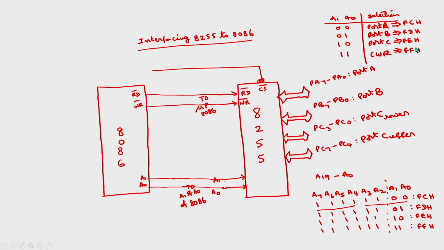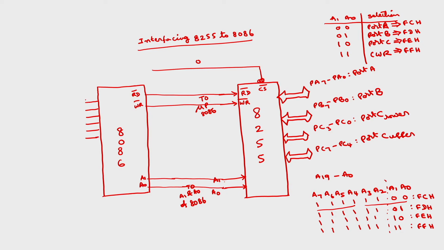Now how to generate the chip select signal? You have to connect A2 to A7. I am taking A2 to A7 of the microprocessor: A2, A3, A4, A5, A6, A7. If all are ones, this chip select should be 0. This should be 0 to select the chip. So if A2 to A7 are all ones, then the output of the gate should be 0. Which gate do you have to use here?